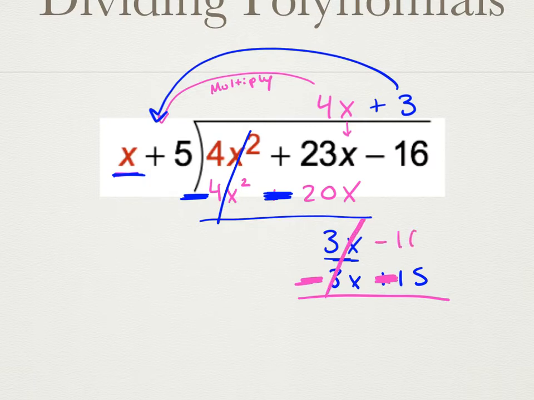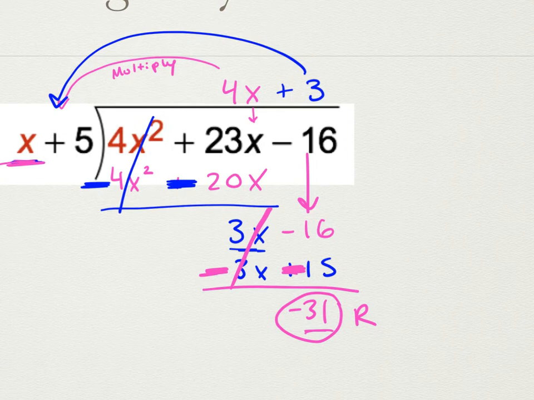What is negative 16 minus 15? Negative 31. Can we multiply something by x to give us negative 31? No, because there's no x there. So this is our remainder. The more you practice it, the more you'll get the hang of it.